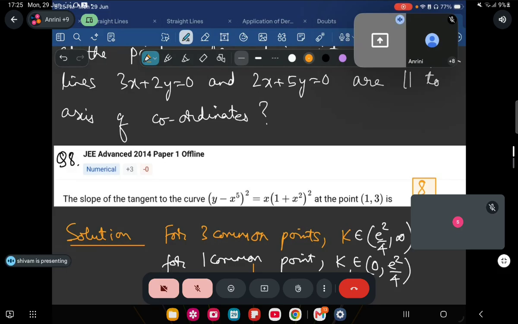Choosing the right set of questions is very important in Advanced. In between some difficult questions, they will give some easy questions also, so that while attempting the paper you are not blind. You should be able to see which one is easy for you and which one is tough for you.